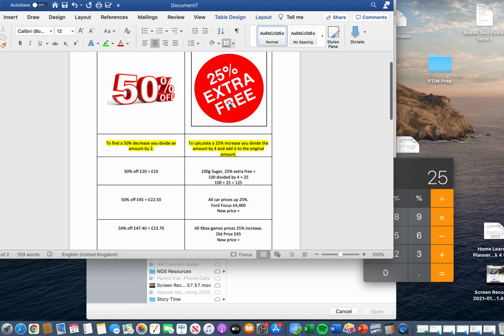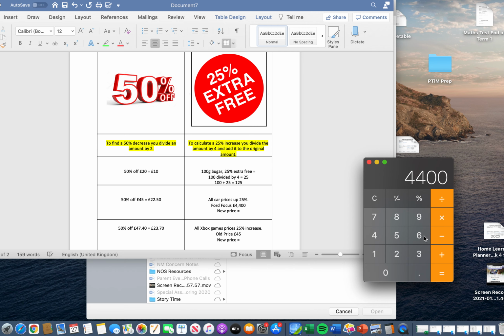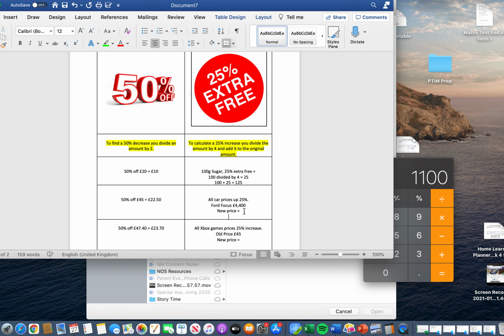Again, 25% extra free. It says here a 25% increase. These are slightly different. It says all car prices up 25%. Okay, so Ford Focus used to be 4,400. What's the new price? It says here to calculate a 25% increase, you divide the amount by 4. So you're going to do 4,400 divided by 4. 1/4 of that is 1,100.